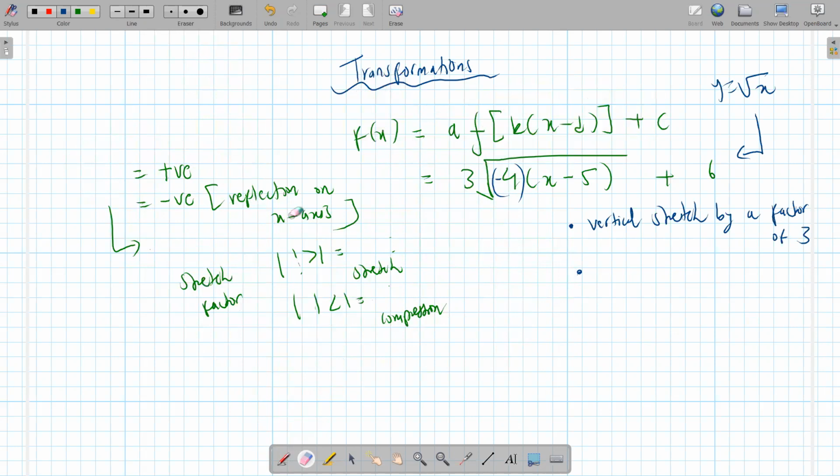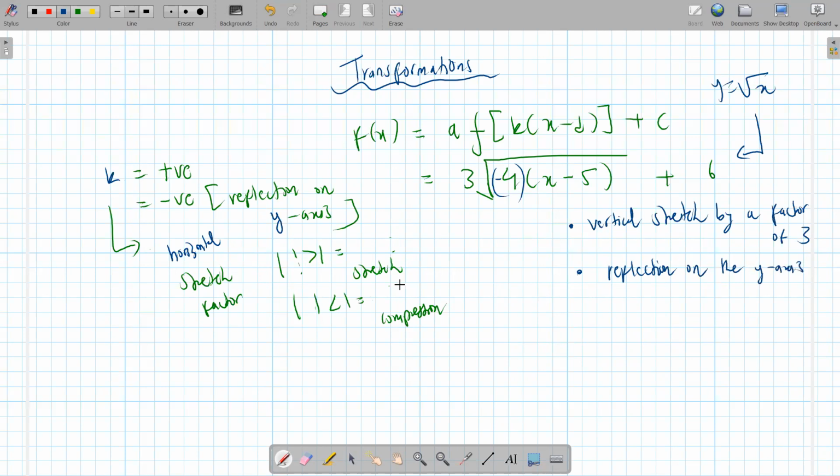K is the horizontal stretch factor. So if K is negative, it's a reflection on the y-axis. So the next transformation here is a reflection on the y-axis because K is negative.